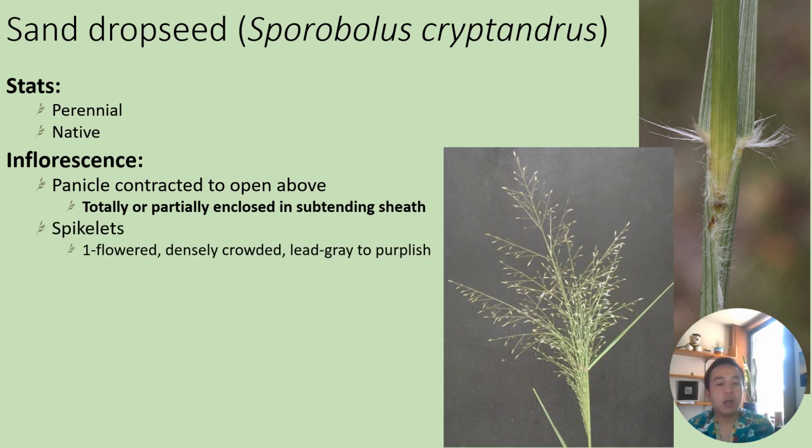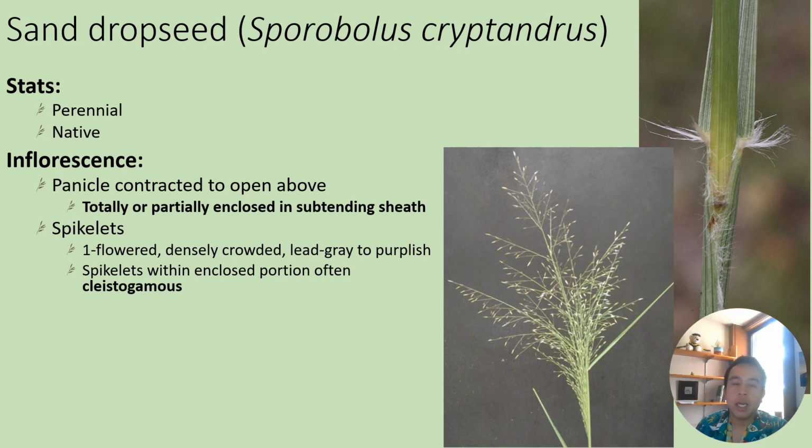The spikelets are often one-flowered and densely crowded, and lead to a gray purplish color. The spikelets themselves are often enclosed within a portion that is often cleistogamous, which means that it can self-pollinate and basically produce seeds just on the flowering parts within that specific spikelet, which is actually kind of rare.